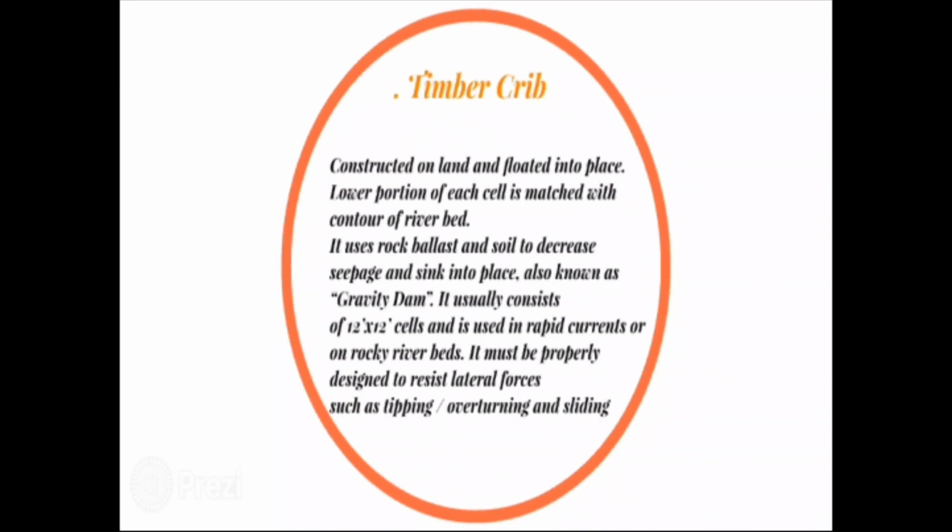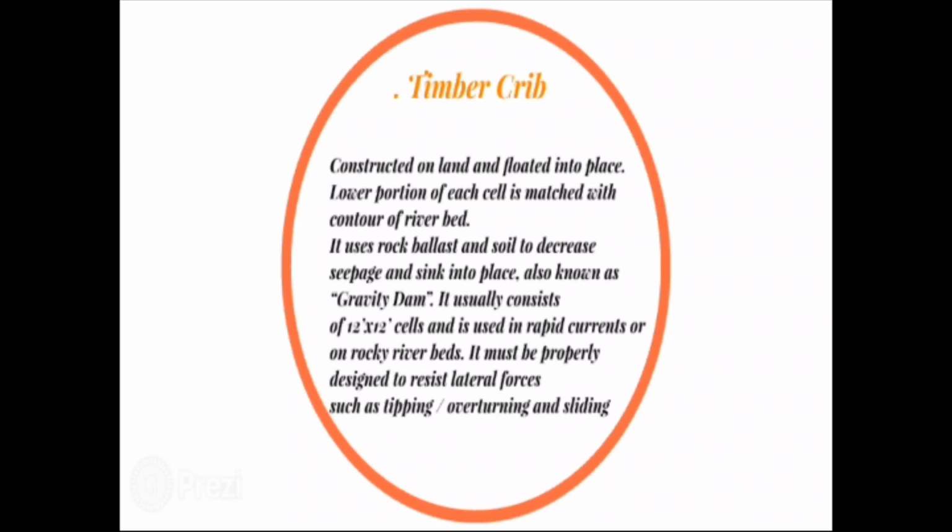The last one is timber crib, constructed on land and floated into place. The lower portion of each cell is matched with the contour of the riverbed. It uses rock ballast and soil to decrease seepage and sink into place, also known as a gravity dam.